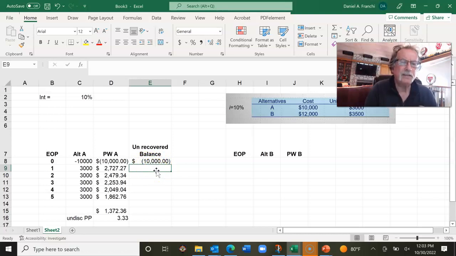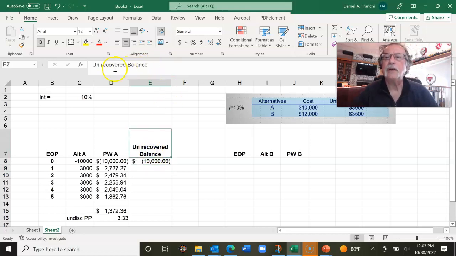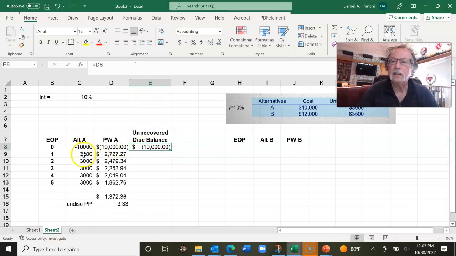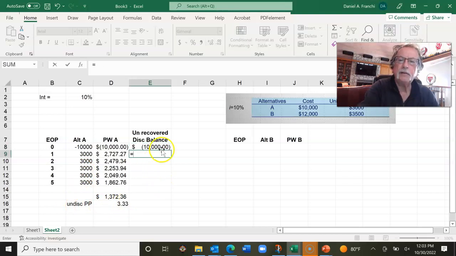Now the unrecovered balance is going to be the discounted balance, because you can do the same thing with the undiscounted balance with this column right here. So this is going to be the prior period plus this amount right here.